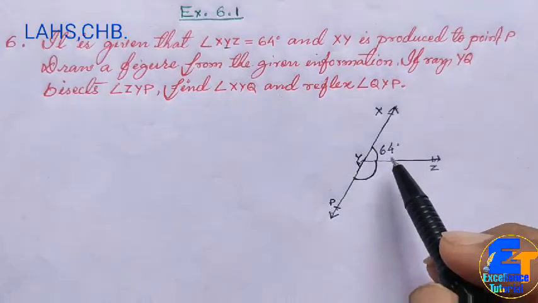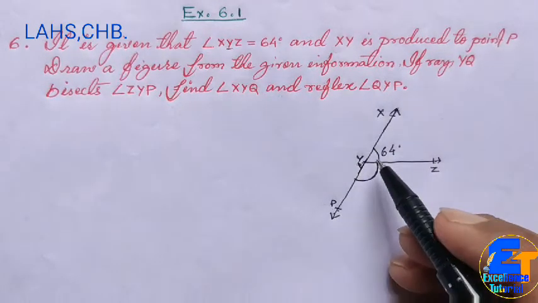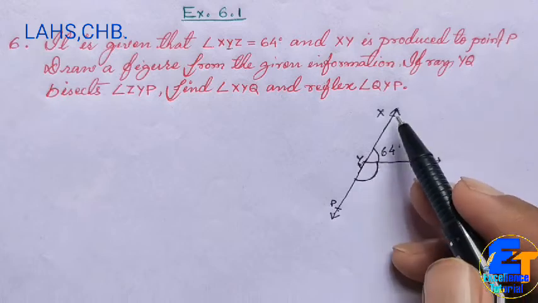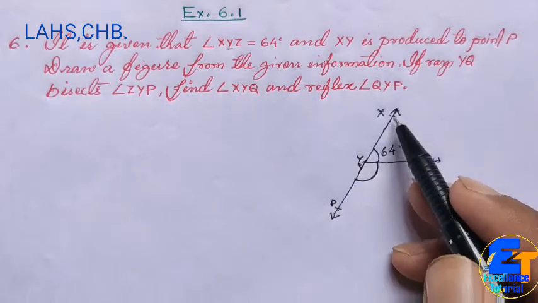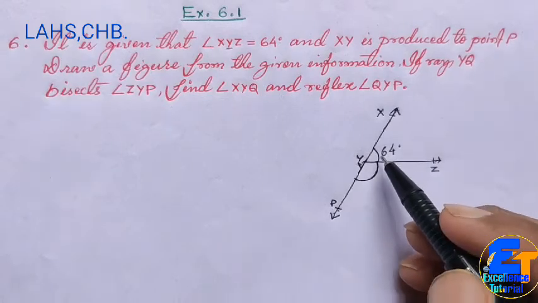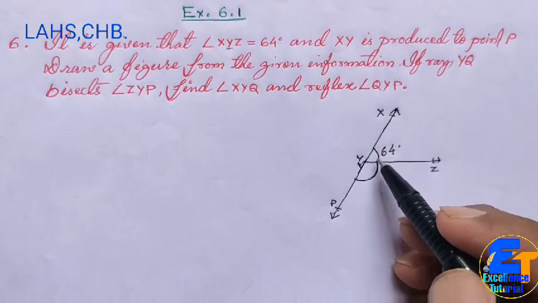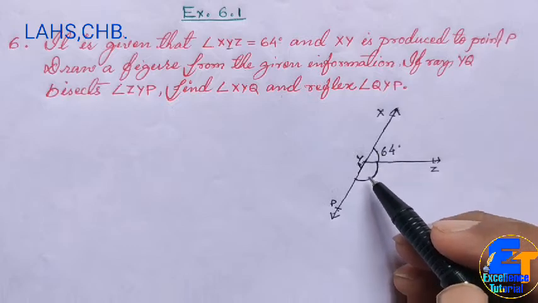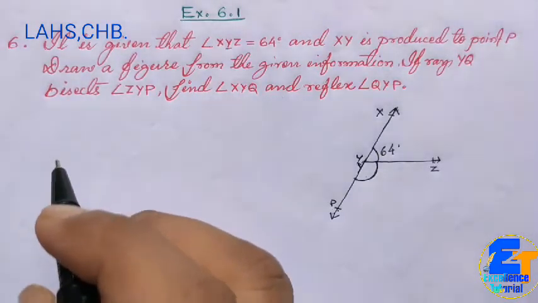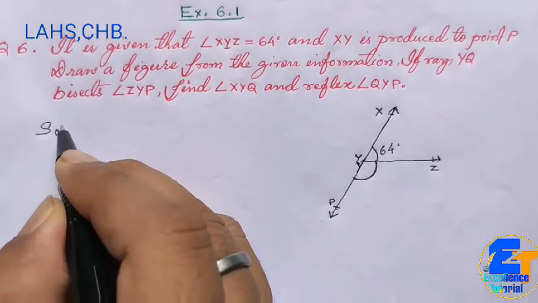Now you can see in the figure, on producing XY to point P, these two angles. Now see, XYP, what type of line? It is a straight line, and as we know, the sum of angles formed on the same straight line is 180 degrees. So we are going to start the solution also. Solution.